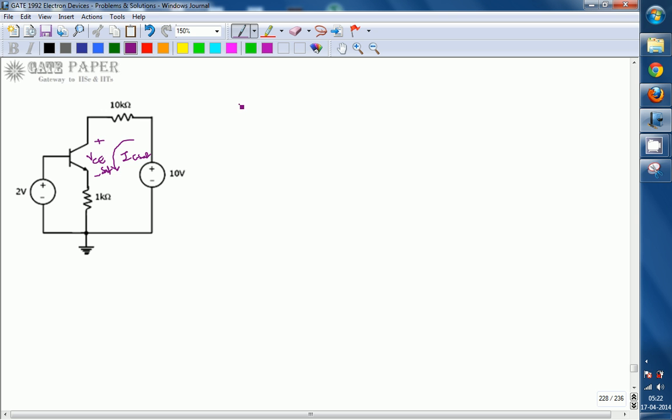So in step 1, IC saturation is nothing but VCC minus VCE saturation, divided by 10 kilo ohms plus 1 kilo ohm, which is 10 minus 0.2 divided by 11, which is 9.8 by 11 milliamperes.